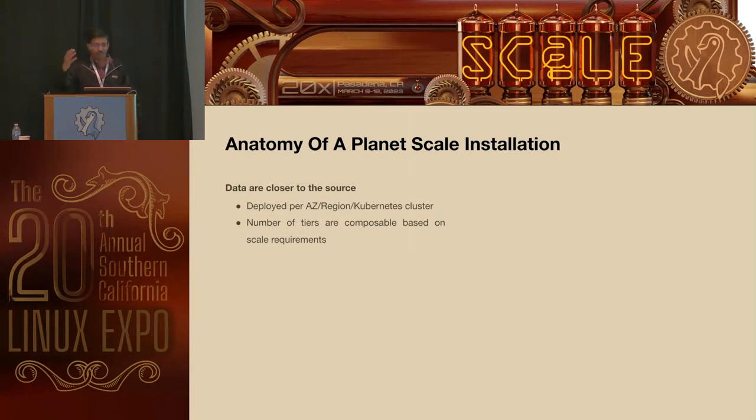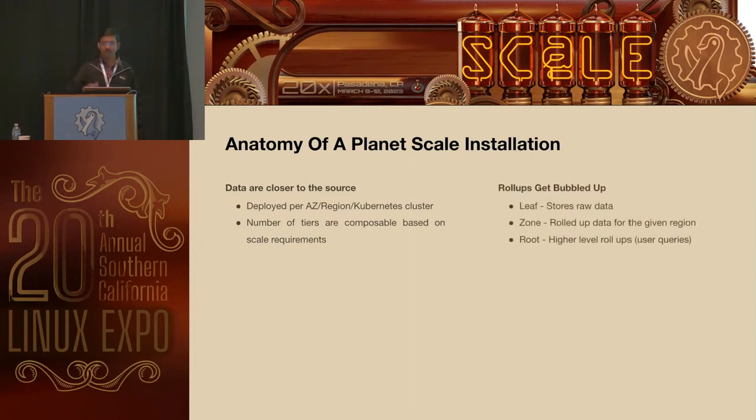If the scale is higher than that, you can say, okay, I will have one cluster per region. And if it's higher than that, you can say, I'll have all the raw data on every Kubernetes cluster, roll up some of it, and have it as part of a region local cluster, so that when a query comes, I can just fan out to all of them. So depending on the complexity that you need to introduce, based on how much data you're looking at, you can compose it.